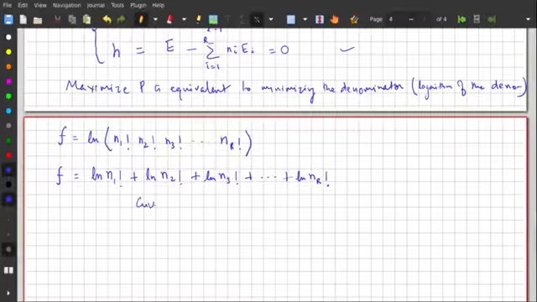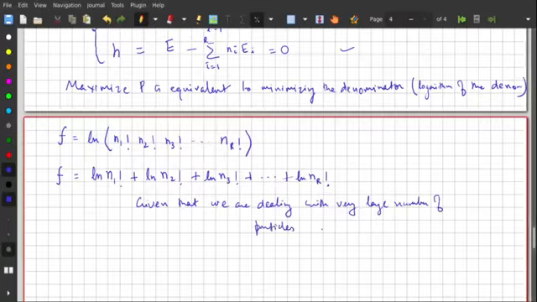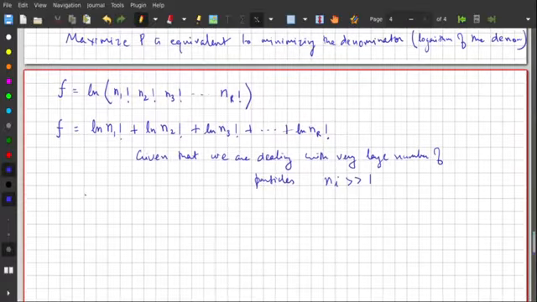Given that we are dealing with a very large number of particles, any arbitrary n sub i is much larger than 1, and hence we can use Stirling's approximation. So here we will use Stirling's approximation.